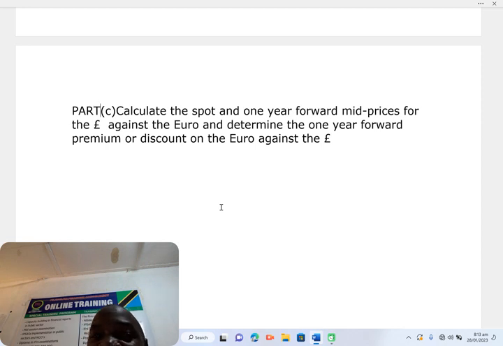Do we have this pound against euro? Have we computed it? Yes, we have. And determine the 1 year forward premium or discount on euro against pound.